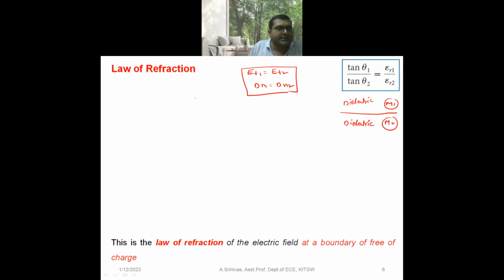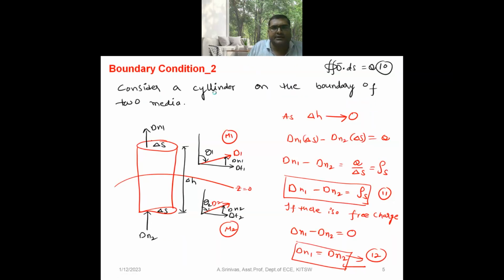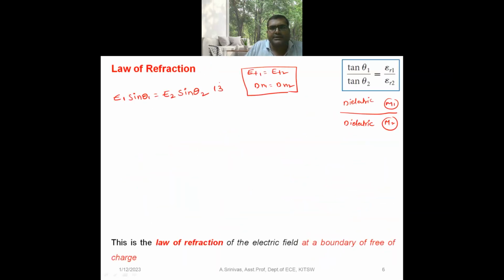In the previous slides, we derived equations 6, 7, 8, 9. Once again, I will recall. Et1 is equal to Et2, that is E1 sine theta 1 is equal to E2 sine theta 2. Let it be equation 13.